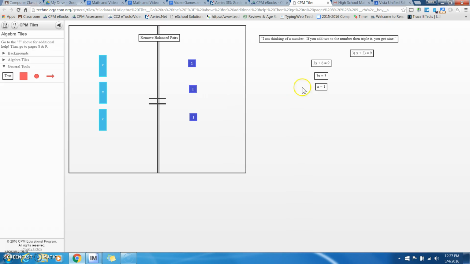Now, you can see I have it written over here. We have 3x plus 6 equals 9, and then we have 3x equals 3. There are a lot of things you could think about here. If you look across, notice how I can evenly divide the x's with the 1's. So if I look at this, x has to be 1 in order for this to work.